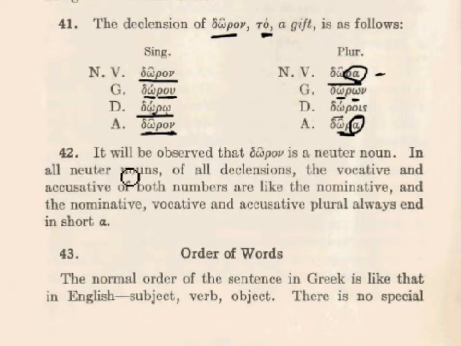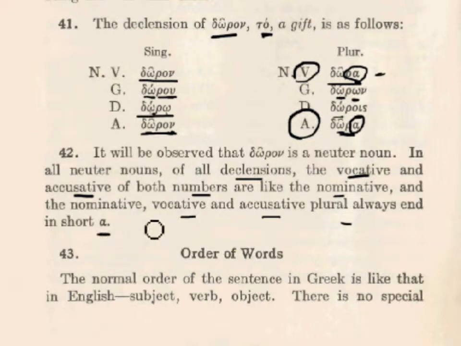what he says here at paragraph 42: it'll be observed that doron is a neuter noun, and in all neuter nouns of all declensions, the vocative and accusative of both numbers are like the nominative, and the nominative, vocative, and accusative plural always end in a short alpha.